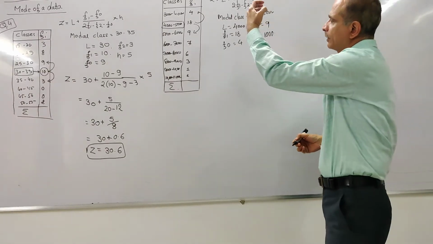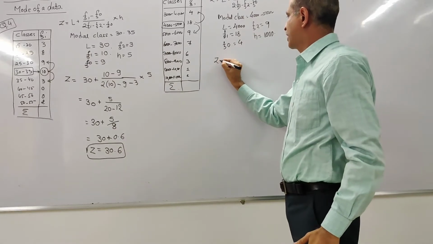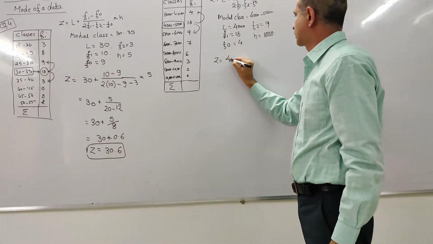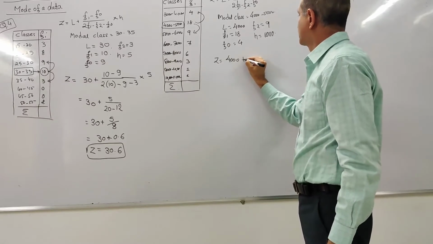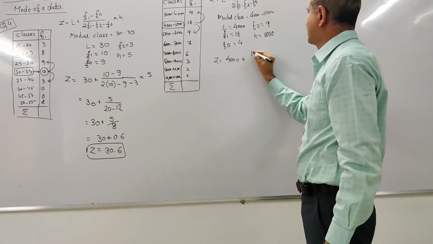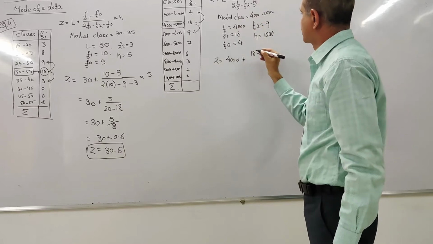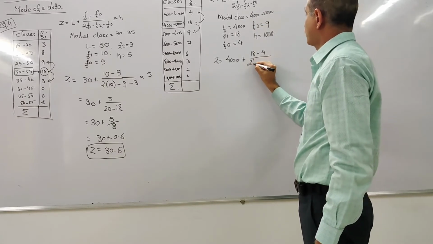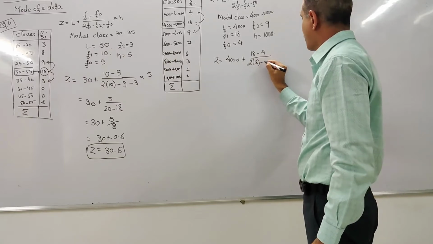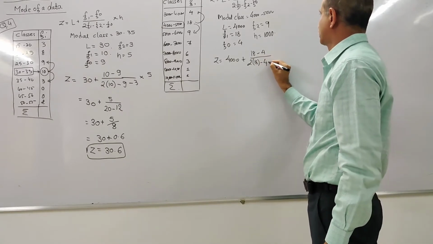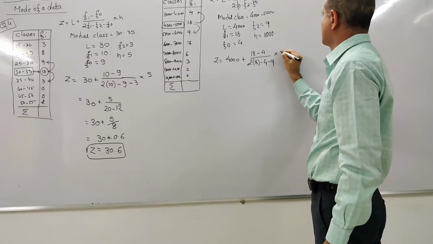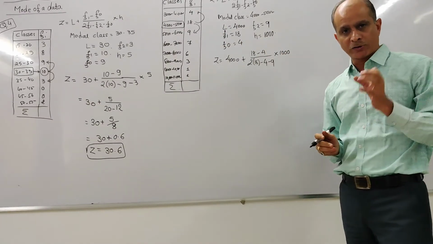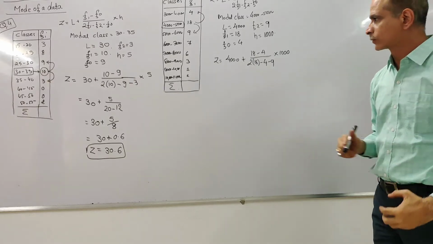Now put the values in the formula. So Z is equal to L, L means 4000, plus (F1 means 18, minus F0 means 4) upon (2 into F1 means 18, minus F0 means 4, minus 9) into 1000, because in this example the value of H, or you can say class length, is 1000.